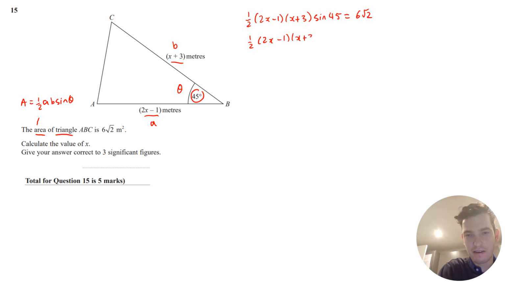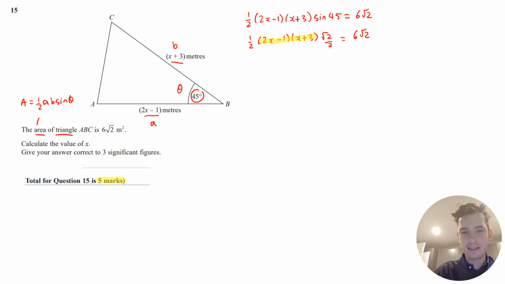Sine 45 is equal to root 2 over 2 equals 6 root 2. So I actually think if I have a look at what's in brackets here, and also let's highlight the fact it's worth 5 marks, it looks like this is going to be a quadratic equation that I'm going to need to solve.